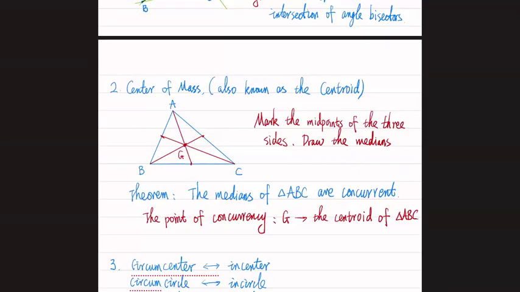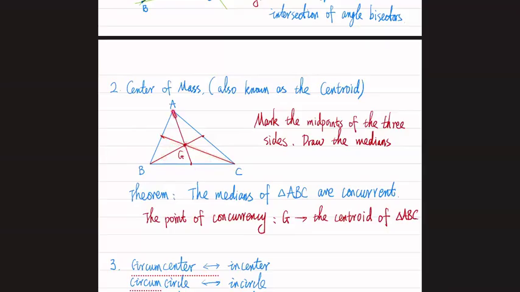So again, we started with two of them. Let's see this median and this median. We proved that this median partitions this median into the ratio 2 to 1. The two lines intersect, and this intersection point partitions the median in the ratio 2 to 1.